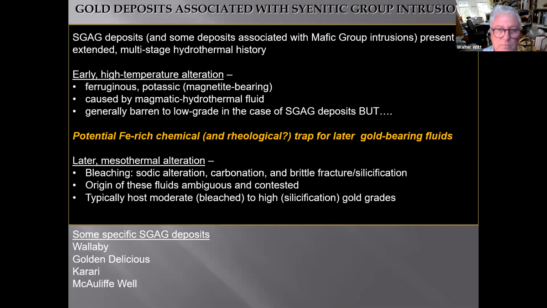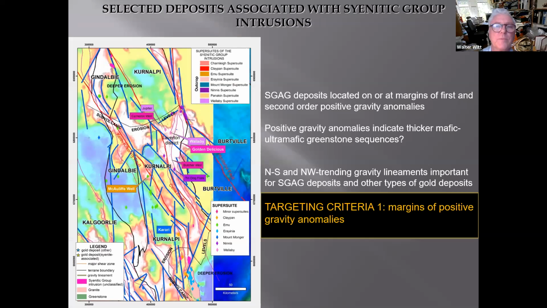I'm now going to describe the 4 deposits listed at the bottom of the slide as individual case studies. Before I do that, I'll show the distribution of those deposits highlighted in white text labels on a gravity image. And it's quite evident that SGEG deposits, as well as other deposits, are located on or at the margins of first and second order positive gravity anomalies.